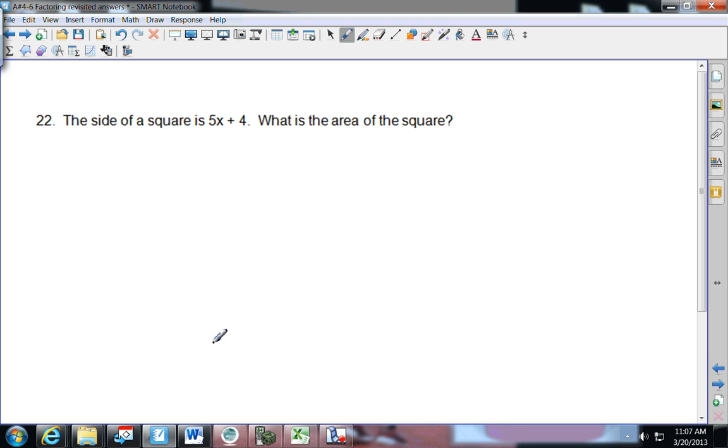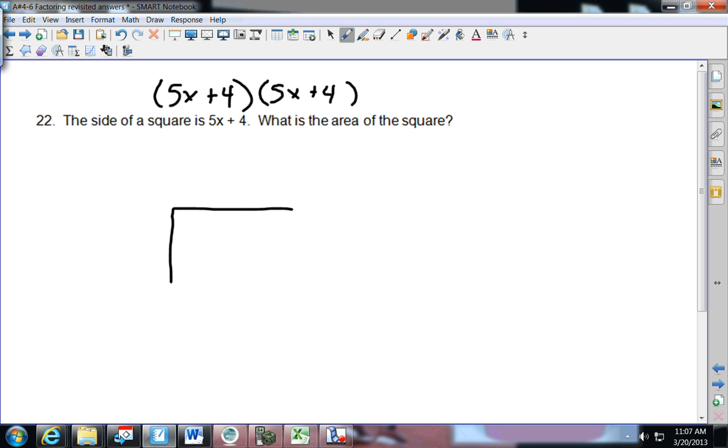Number 22, it says the side of a square is 5x plus 4. What is the area? Well, if that's the side length, that's one of my factors. And of a square, that means that they're the same. So I'm going to take 5x plus 4 times 5x plus 4.